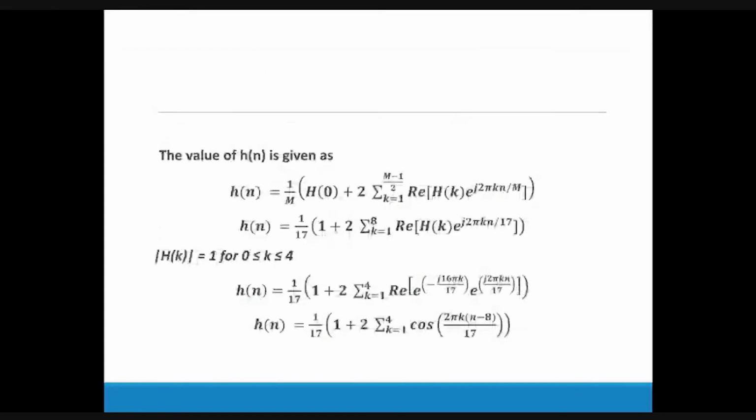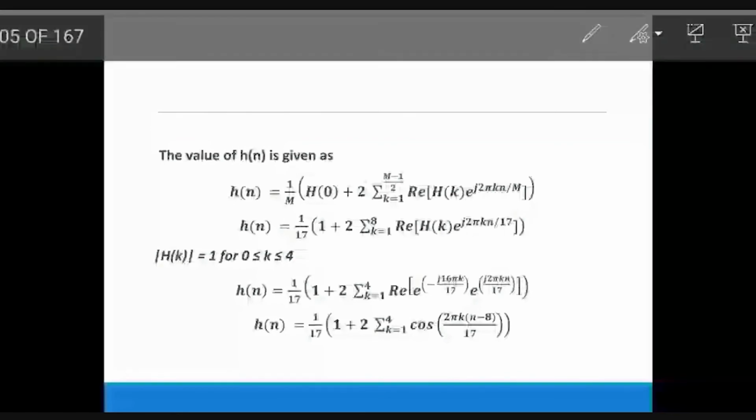Try to find the answers and note them down. At present, I didn't keep that answer in the slide. So write down this answer, apply the values of n and calculate the values from h0 to h8. The remaining values you will write with the help of symmetry. Okay, write down the next example.